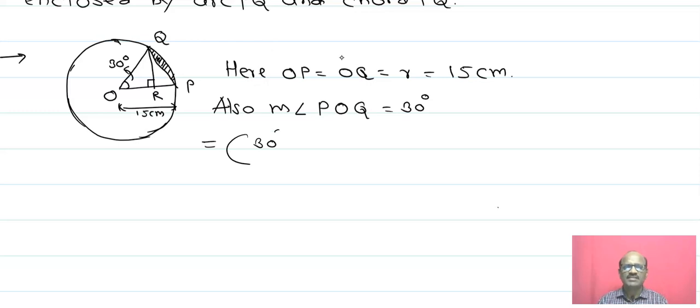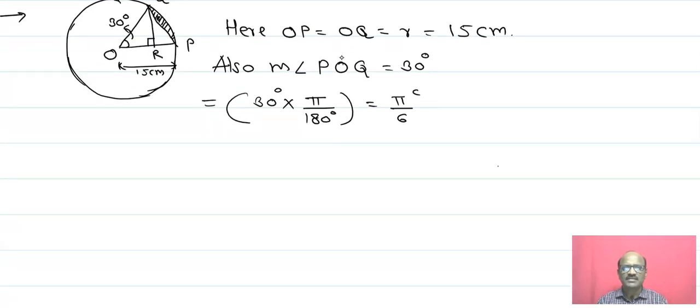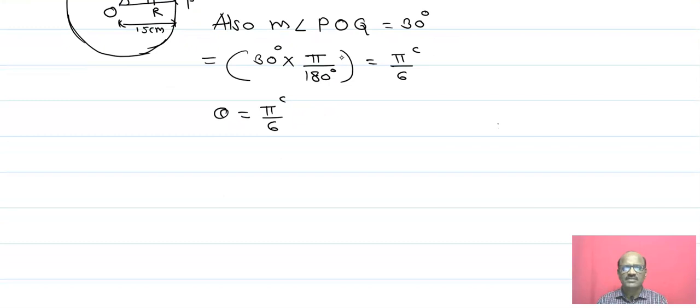Therefore, this 30 degrees will convert into radians, that is pi upon 180, and that is equal to pi by 6 radian. Now see this.